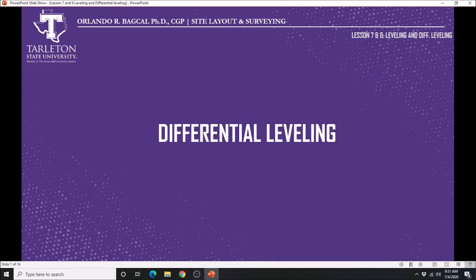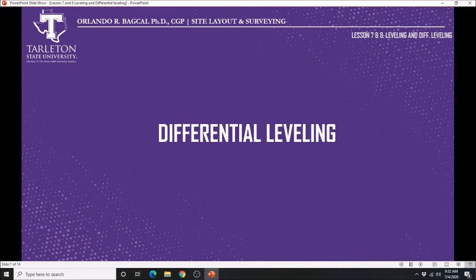So again, that is differential leveling. A way to differentiate this type of leveling process is that it is a closed loop, which means that you will run this method beginning at the benchmark, go in the direction of the unknown point whose elevation you are interested in determining, and then go back to the same reference point, which is the benchmark.